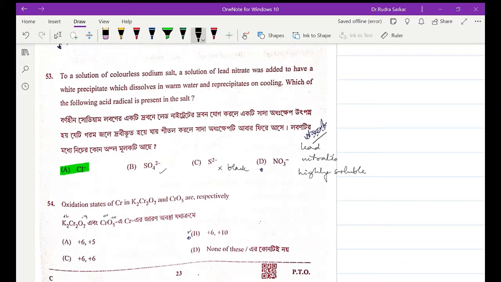Oxidation states of chromium in Cr2O7 and CrO5 respectively are, obviously we will say over here, in the structure of CrO5 we can see this is the structure, it is like a butterfly. So this is -1, -1, -1, -1, that is oxide, so -2. So the x out here is going to be +6.